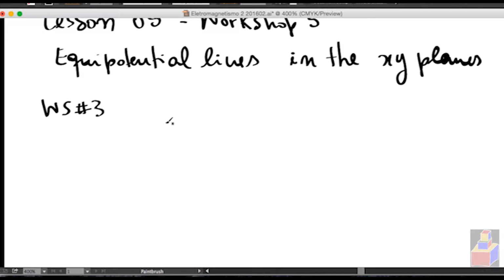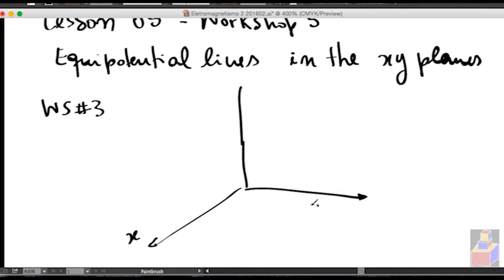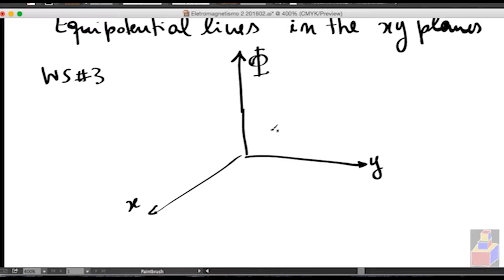We made surface plots of a set of point charges, right? And we represented the surface plots as dependence of the potential on the XY coordinates. So we put the phi function on the z-axis, x and y is the plane.